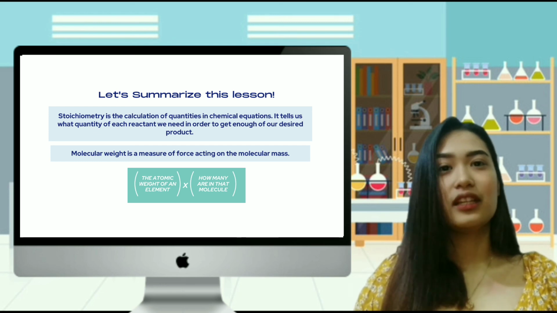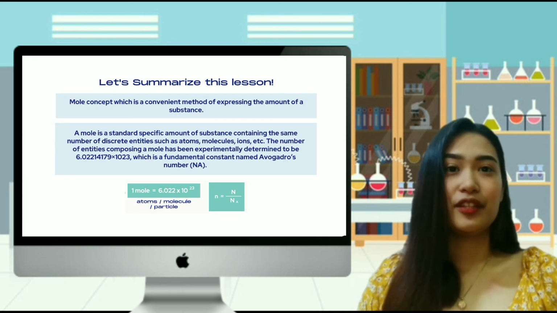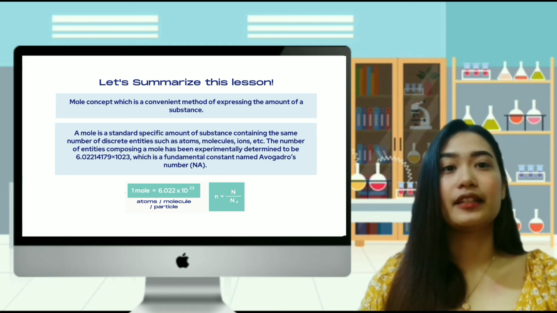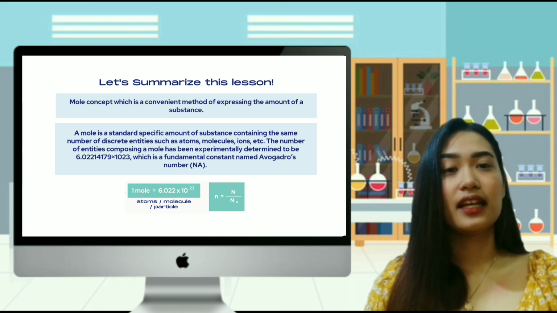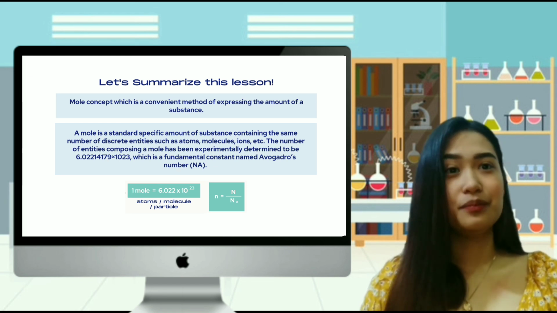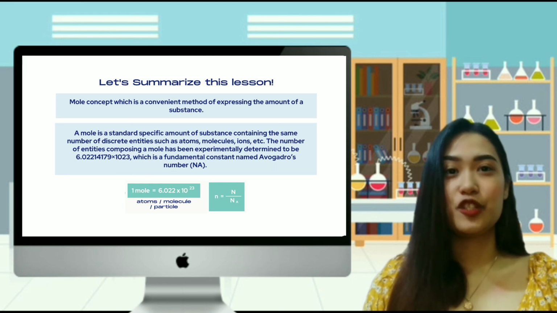Mole concept is a convenient method of expressing the amount of a substance. A mole is a standard specific amount of substance containing the same number of discrete entities such as atoms, molecules, ions, and so on.